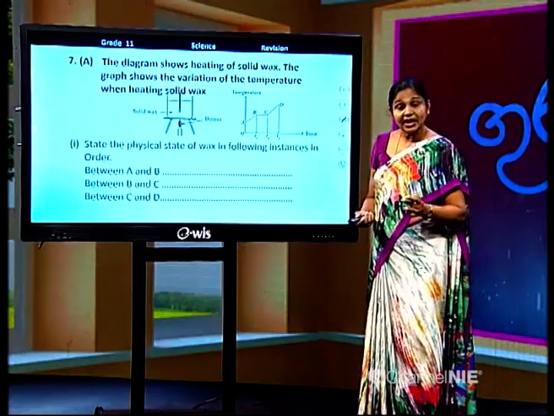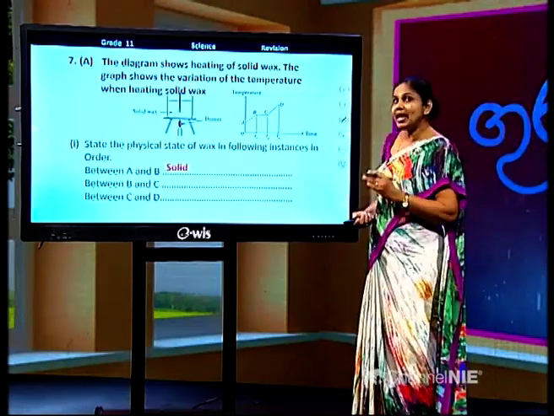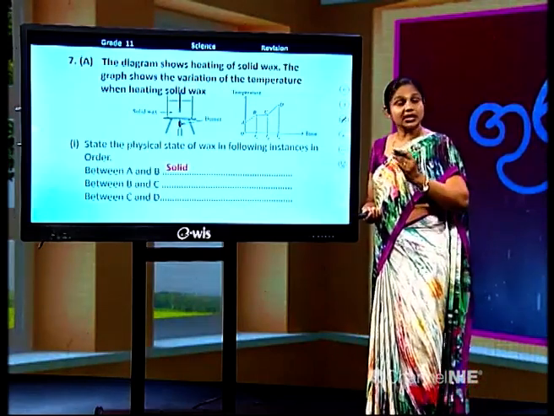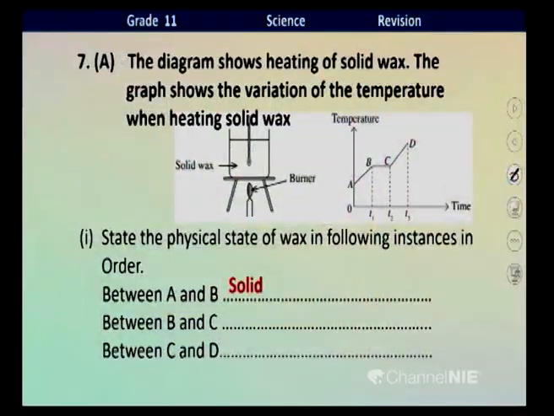After B, it starts melting. Then some part of wax can be melted and part of wax can be in the solid state during BC. Therefore, physical state of wax in between BC must be solid and liquid both.